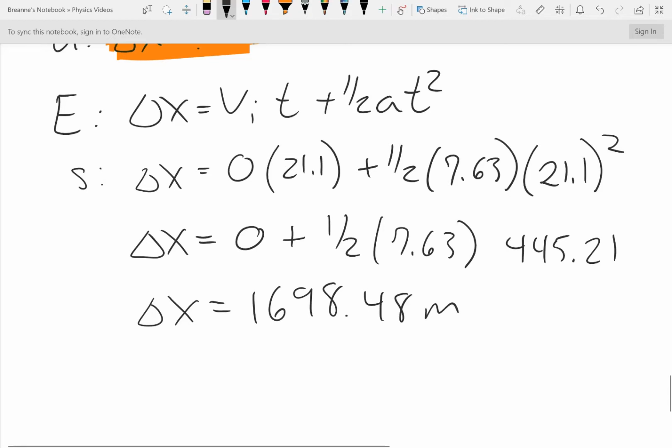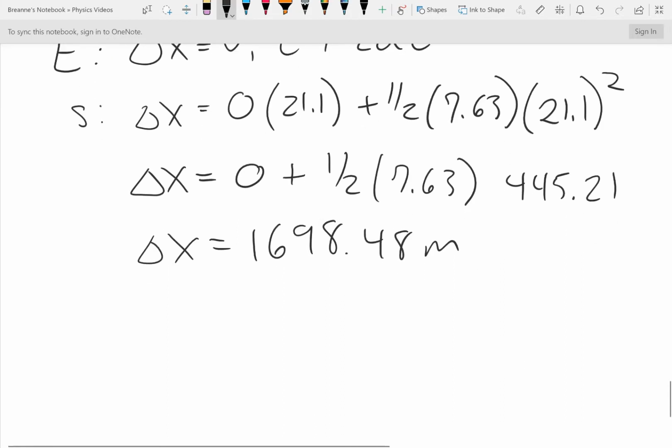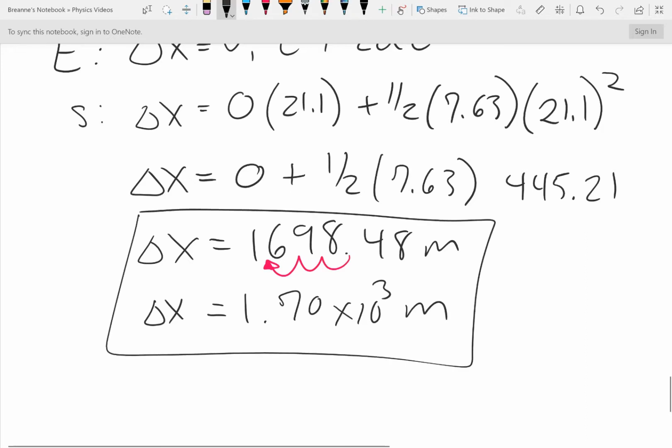If you look at your key on the homework, that key is wrong. This is the correct answer. We did take that into consideration while grading. So putting that into scientific notation, you have to move the decimal over 1, 2, 3 times. And you get a 1.70 times 10 to the third meters. And that is question 3.